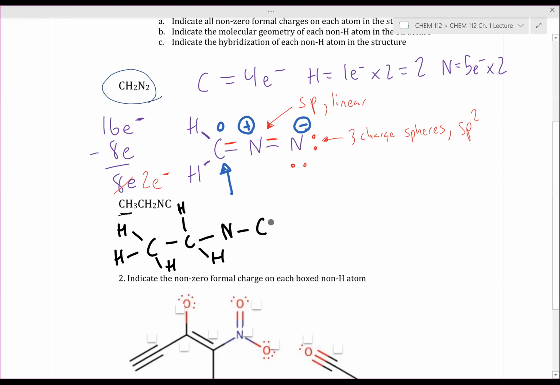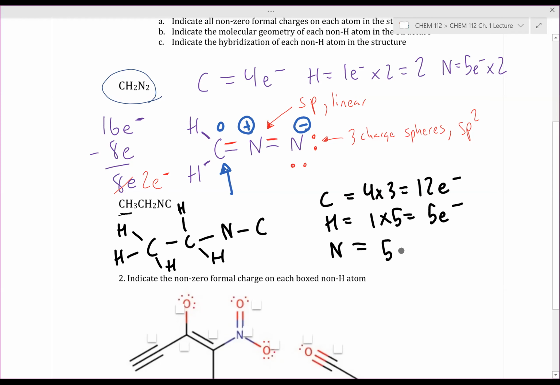Now, if we look at this bonding arrangement and count the total number of electrons in this molecule, for our 3 carbons, we have 12 electrons to work with. For our 5 hydrogens, so 1 times 5, we have 5 electrons. And for our nitrogen atom, we have 5 electrons.